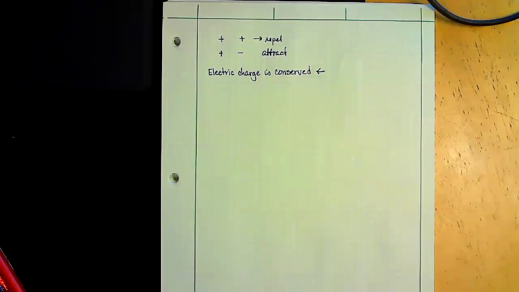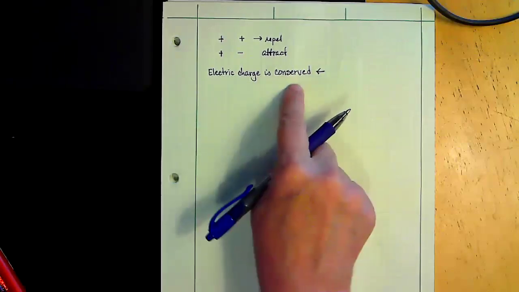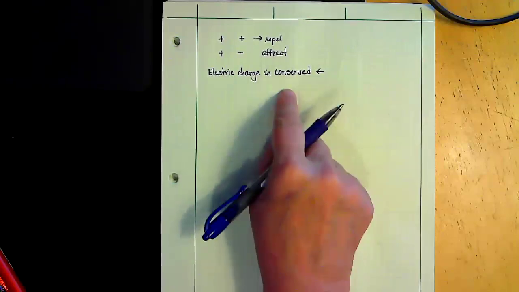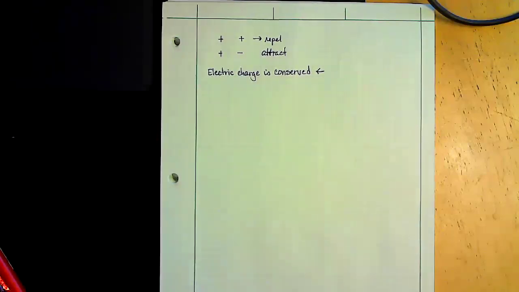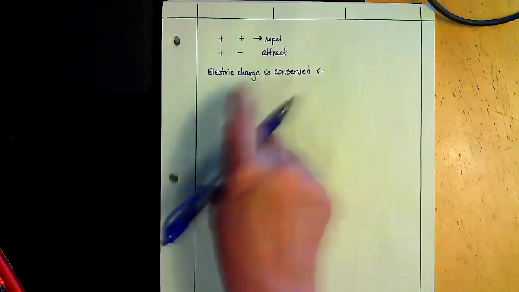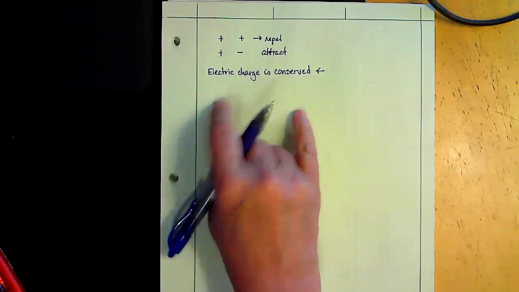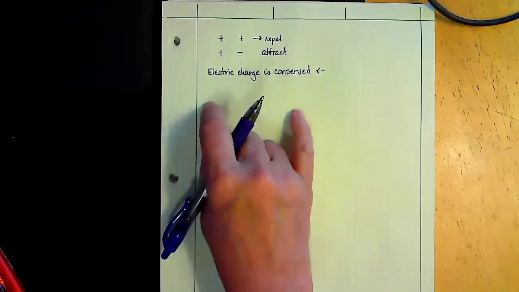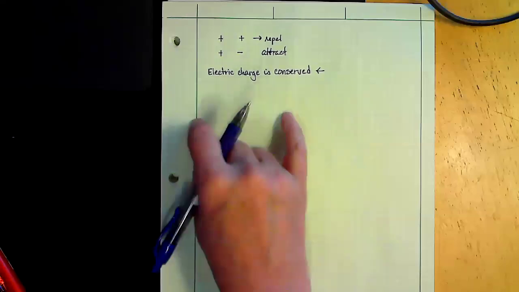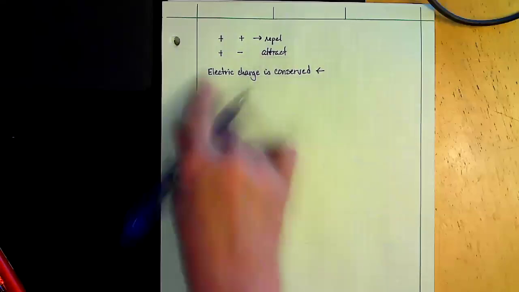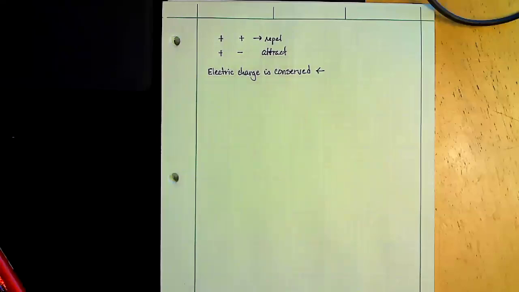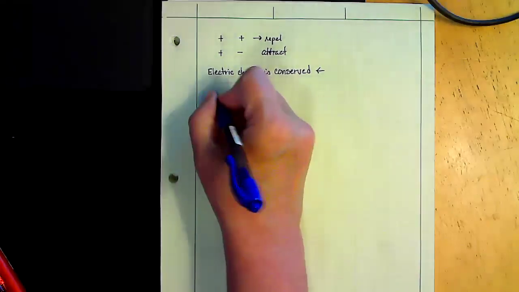A lot of different things happen because this electric charge is conserved. It's what's happening to the electron and where the electron is that allows us to understand physiology. It allows us to understand our currents. So this idea that electric charge is conserved is really important.